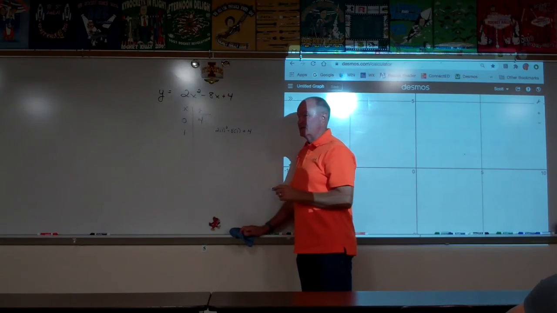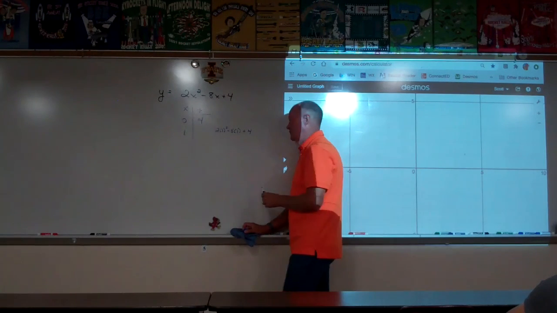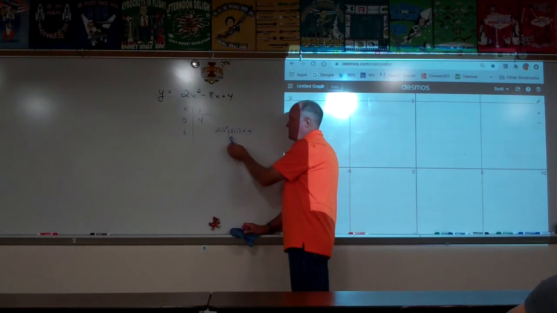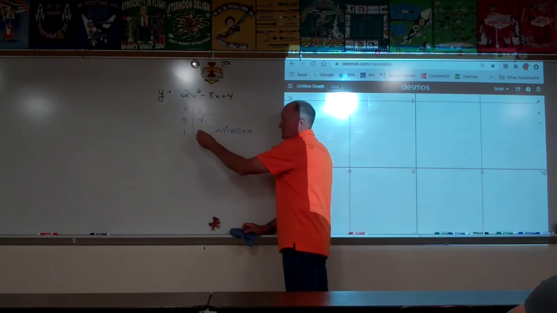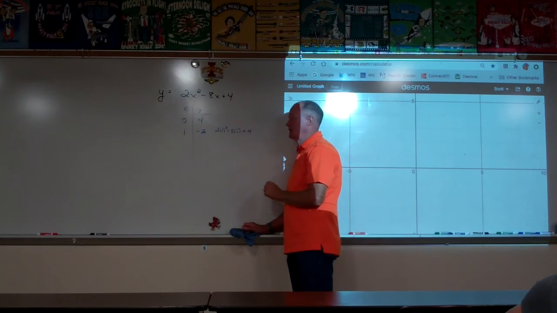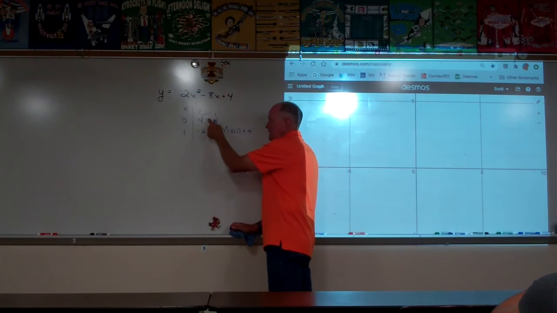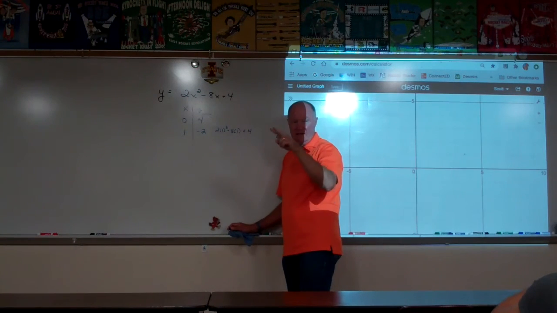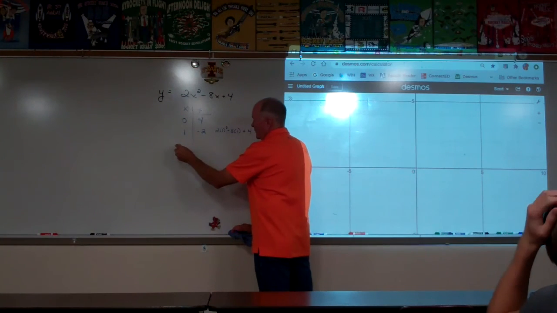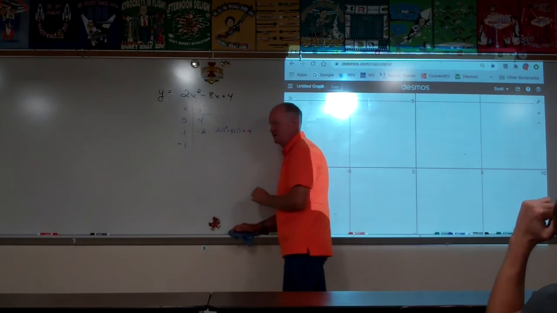Remember, when you square something, it's always positive, so be careful if you're trying to do this on your calculator. But that's 2 minus 8, which is -6, plus 4, -2. I'm really kind of hoping I get something that matches. When I get the match, that means I've found kind of the middle. And we'll see it once we graph it here in a minute.